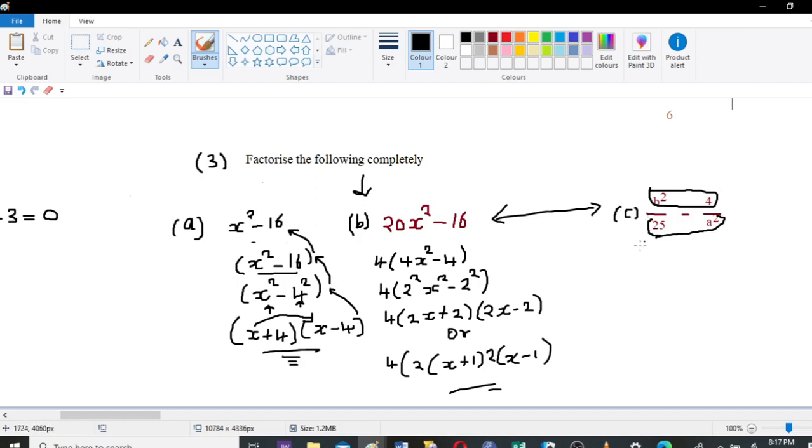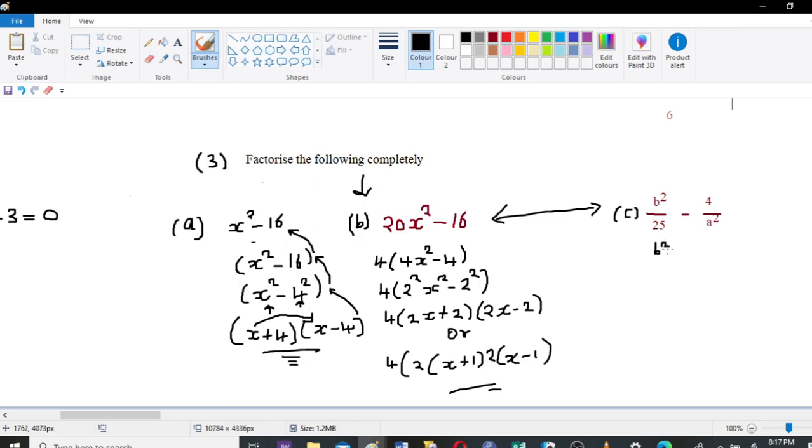You see that you are able to write the constant numbers in the index form, and you're able to factorize, right? So that already tells you how to go about it. Okay, so that's what you're going to do. The first thing we'll do is to write the constant numbers that we have in index form.